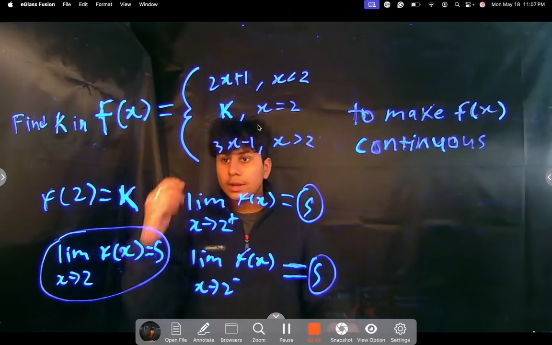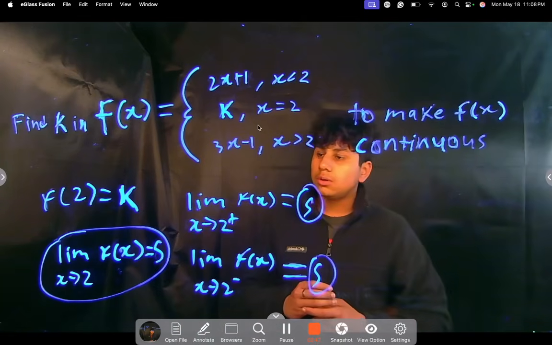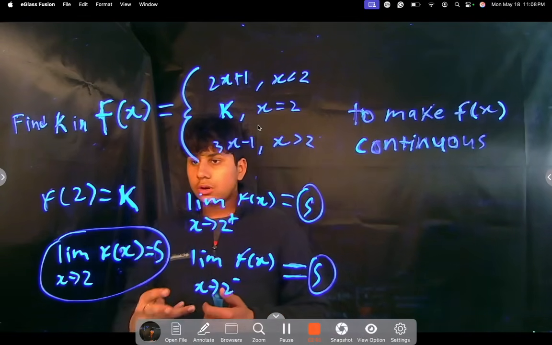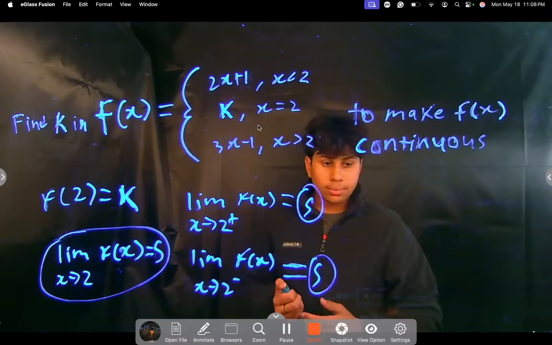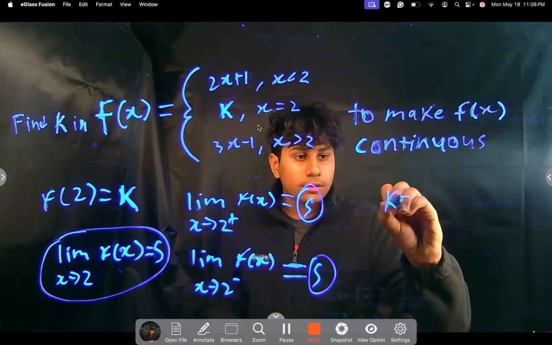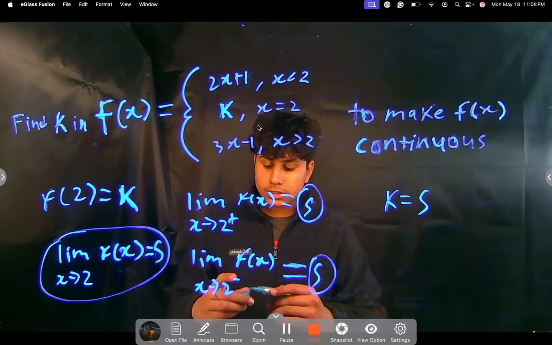That's one criterion already fulfilled. Now our other criterion is that f should exist and be equal to the limit, at the same value, or approaching the same value. So there's only one thing we can possibly do here: k is just going to have to be equal to 5. Because as x is approaching 2, this is going to be the same value.